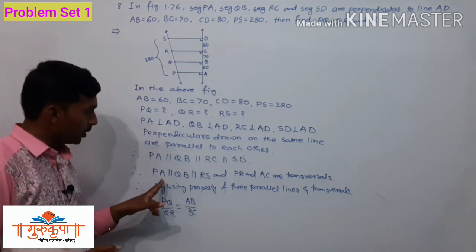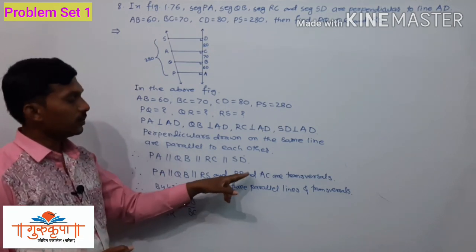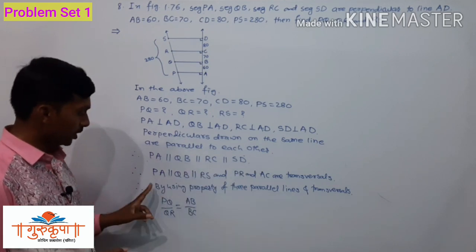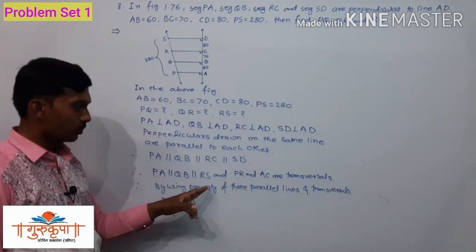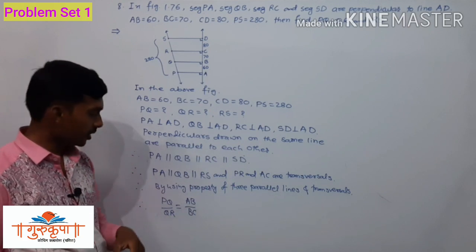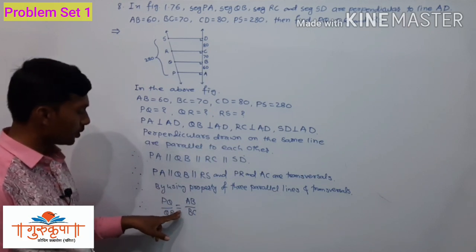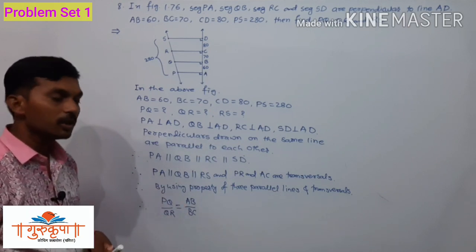Here PA parallel QB parallel RC, and PR and AC are their transversals, and we get PQ upon QR is equal to AB upon BC.